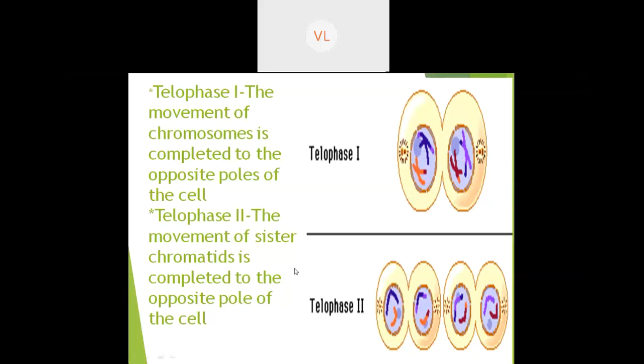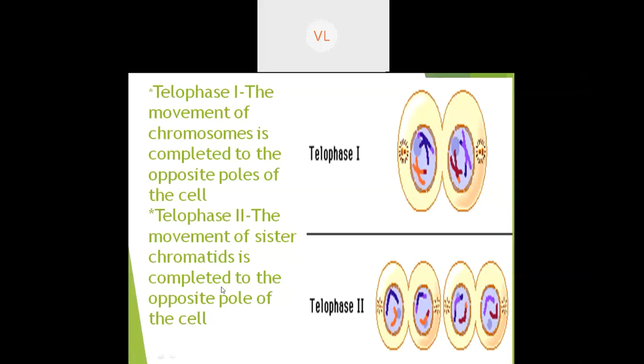So in telophase 2, same thing will happen. Here four chromosomes were there, right? One, two, three, four. Two pairs were there, but the chromosome number is four.